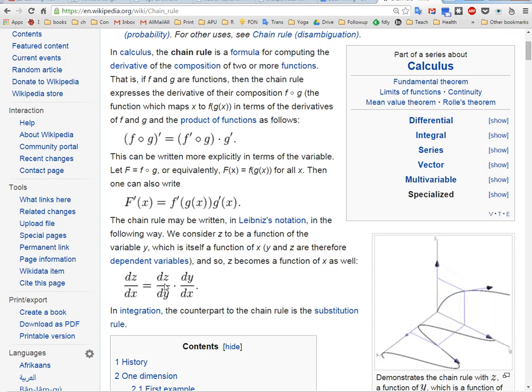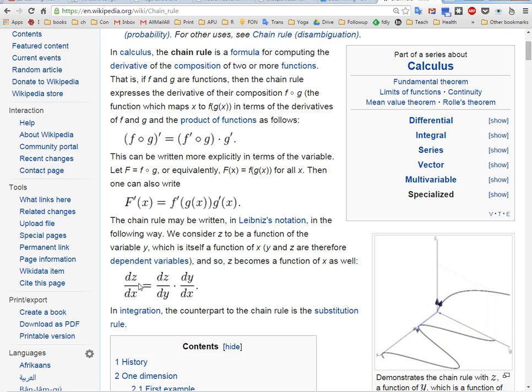So here, let me write it here. What they're saying is that z is a function of y, but y is a different function of x. Okay, you understand? So it's the same thing. When we change this, y changes, and when we change y, f changes, so z changes.